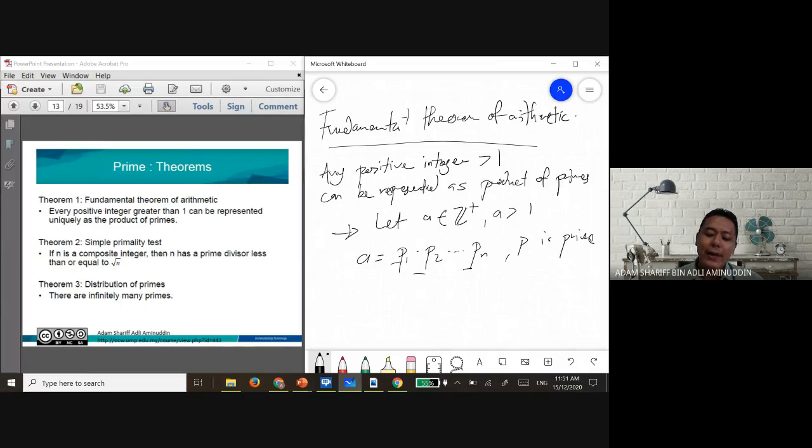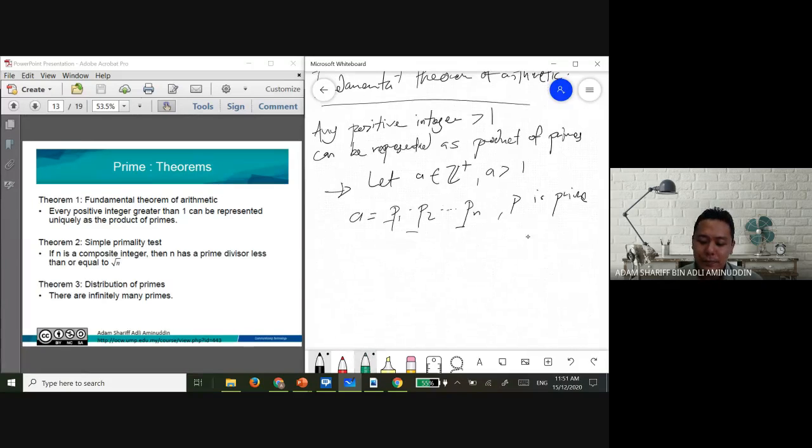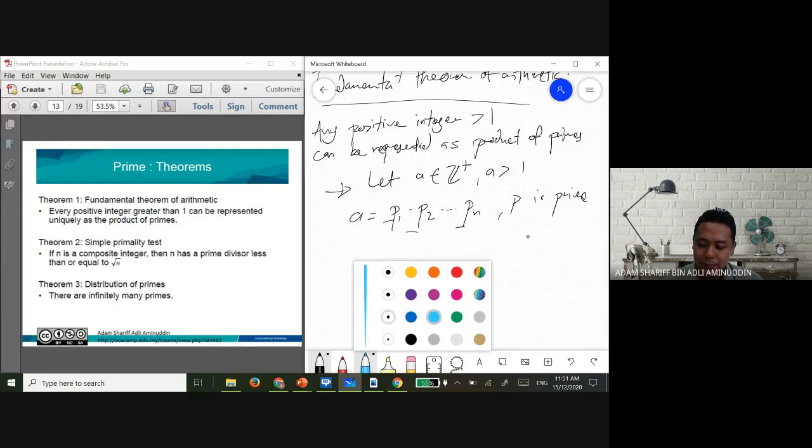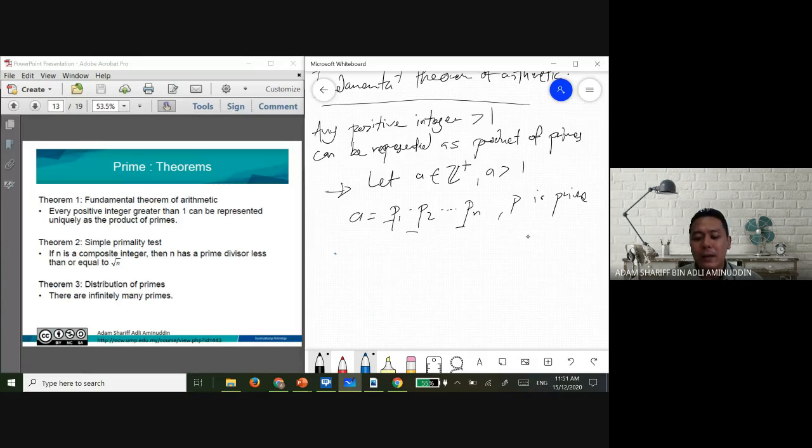So, let me show you an example. Okay, I take the smallest, 2. Can it be represented as a product of primes? Boleh, kerana 2 is 2 times 1. It is a prime number itself. 3 is 3 to the power of 1. Still a product of primes. 4, which is our smallest composite integer. Bolehkah kita represent ni sebagai hasil darab prime?